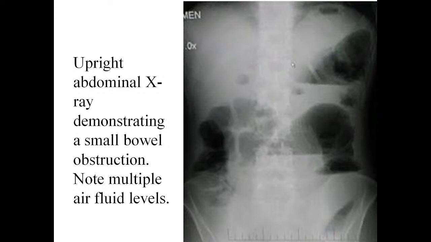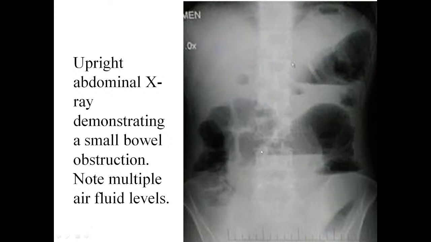Here you can see an upright abdominal X-ray demonstrating a small bowel obstruction. You can see multiple air fluid levels, and now I can show you this.